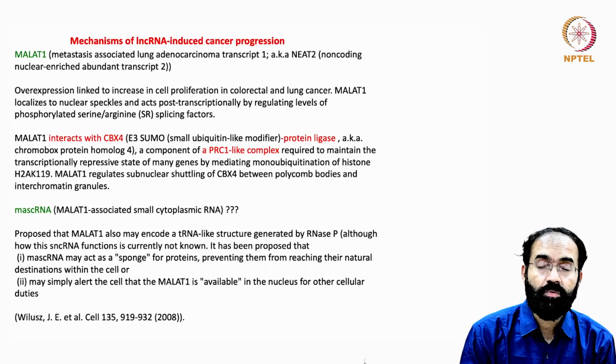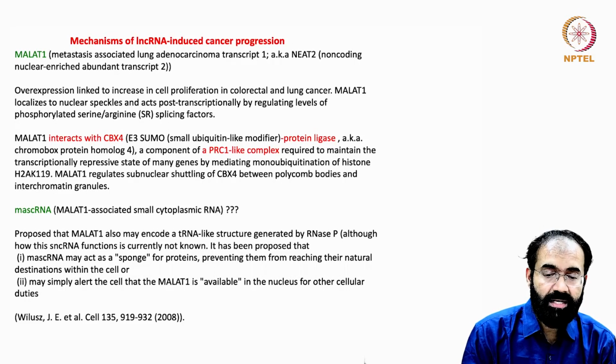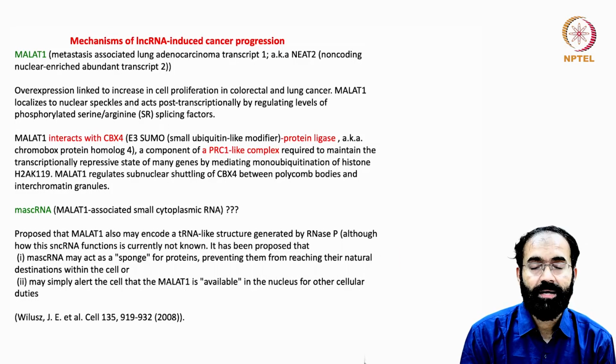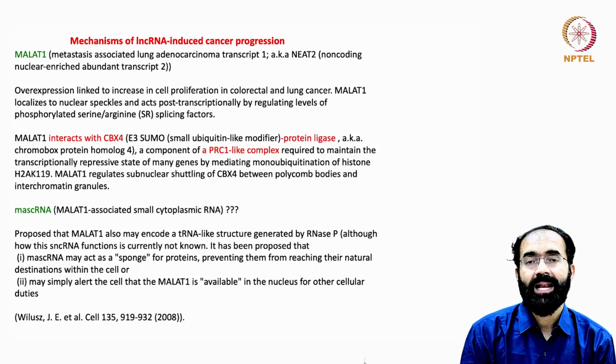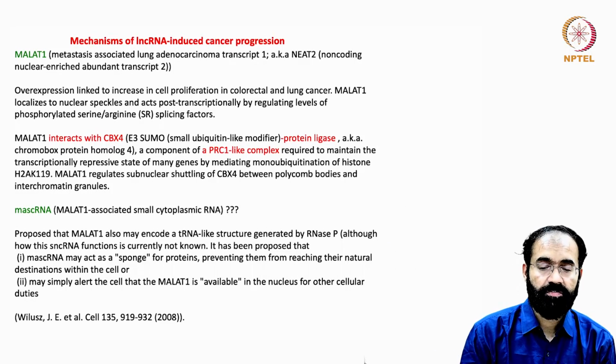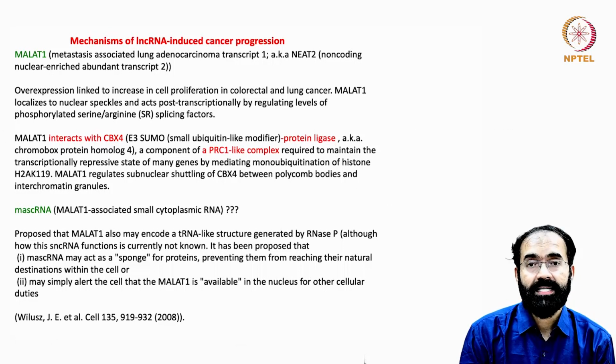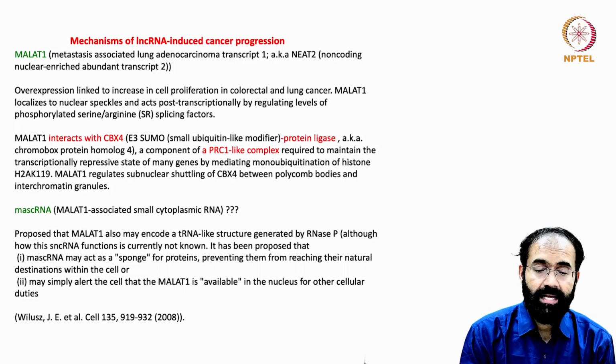So MALAT1 regulates the subnuclear shuttling of CBX4 between the polycomb bodies and interchromatin granules. So MALAT1 acts as a mediator of CBX4. This can lead to aberrant cell proliferation control, especially seen in cancer cells.